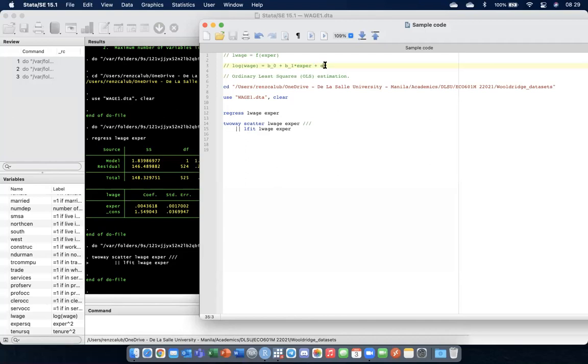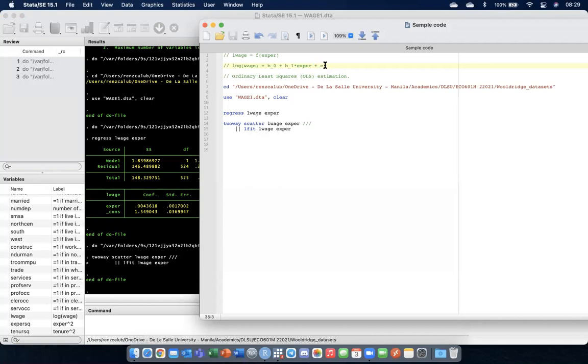So the measurement of beta 1 will now be incorrect. When we try to estimate this model with all of those confounding factors embedded in the error term, the estimate of beta 1 will be biased, or OLS will be biased. It will give us estimates that are far off from the true population value, beta 1.